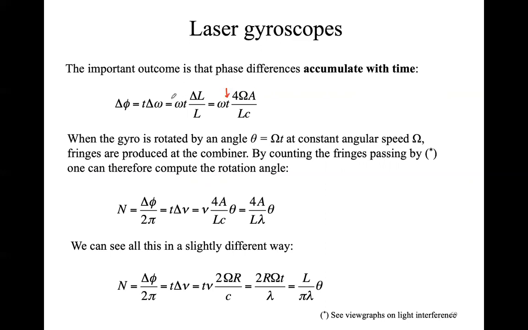If you observe this phenomenon for a few seconds, the delta phi is going to increase, and also the number of fringes of interference. So let's say that you have these fringes here at time t1. At time t2, you will have a larger number of interference fringes. And this is related to the time at which you're observing your signal.